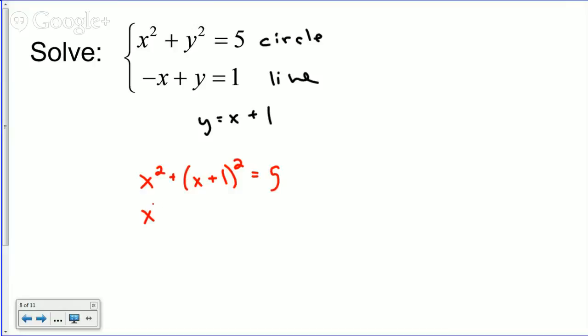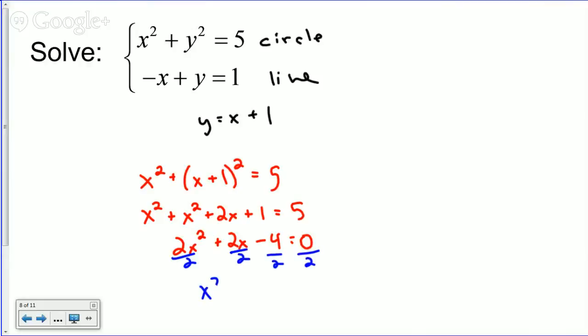So I have x squared plus, we will FOIL this out. So you get x squared plus 2x plus 1 equals 5. So 2x squared plus 2x minus 4 equals 0. I can cancel everything by 2.